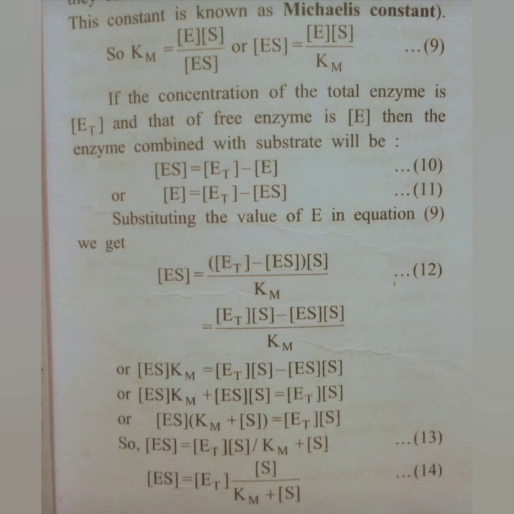So you get ET into S divided by Km plus S, because you have already carried the Km plus S this side. And finally you get this equation 14, you can write it in this way: ET into S divided by Km plus S. So this is equation 14.